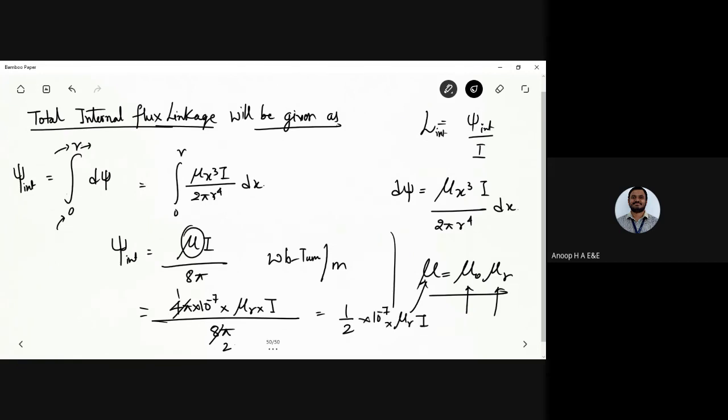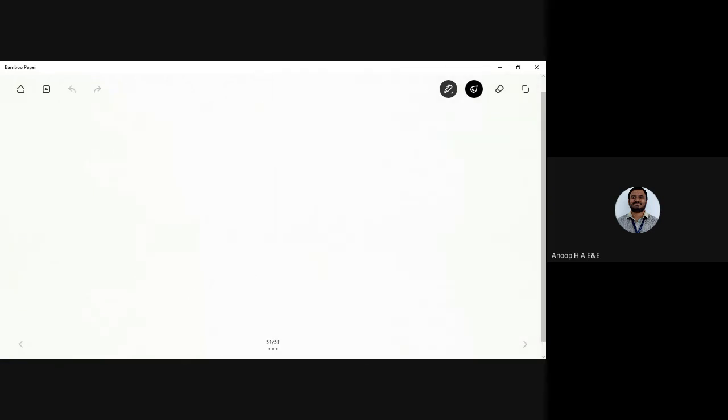Now if I take mu r as 1 for a non-magnetic material, what is L internal? L internal would be phi internal divided by I, that would be equal to 10 power minus 7 divided by 2 Henry per meter.